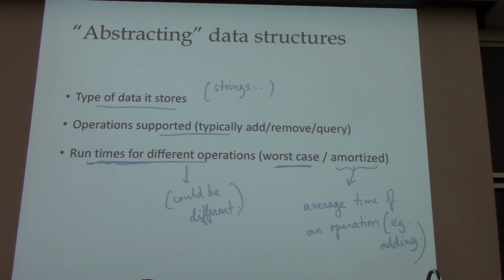That divided by n is the amortized time. Okay, so any questions on this? There's just a notion that I wanted to introduce so that you guys are aware of, we won't really be encountering amortized analysis in this course.